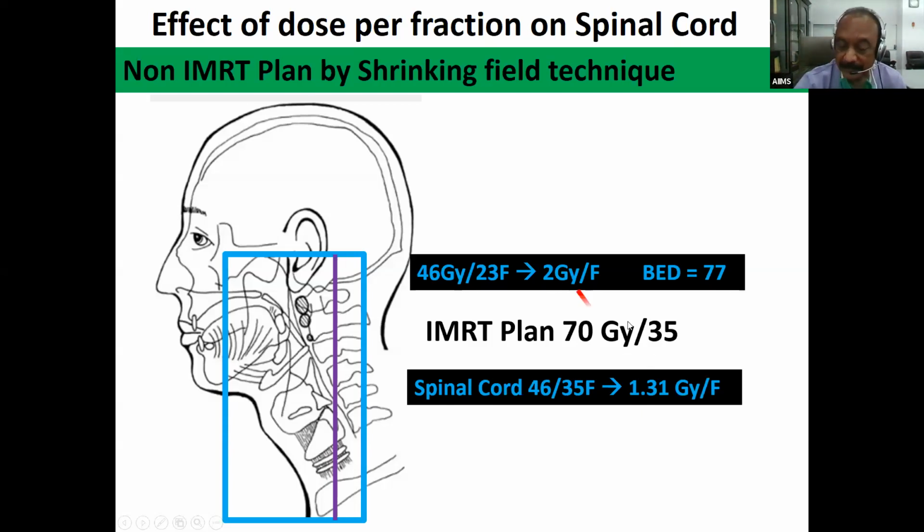And what we have seen in the previous slide is that when you reduce the dose per fraction, it will spare the late reacting tissue. So in a non-IMRT plan, you are putting a physical tolerance on the spinal cord as well as a biological tolerance of 77 gray.